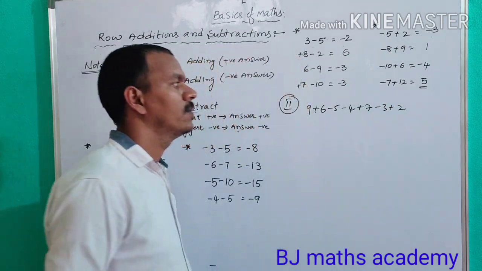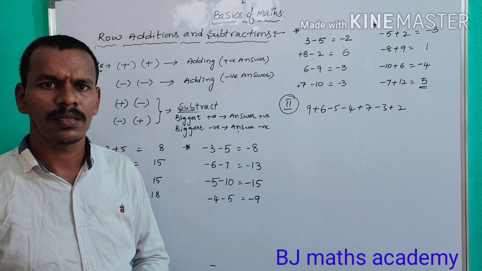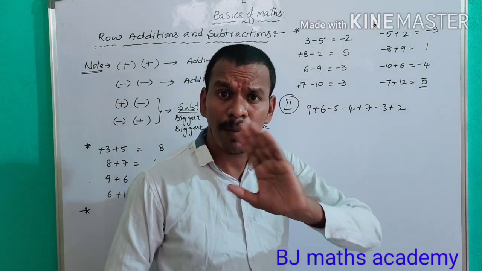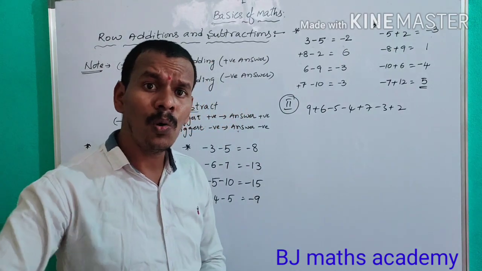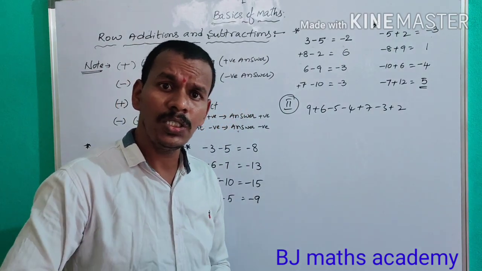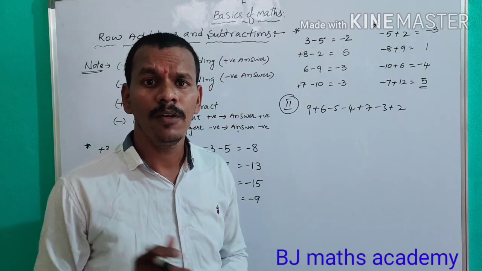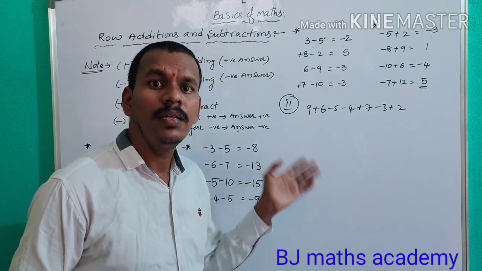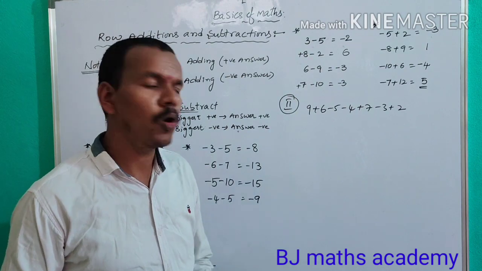This is the problem. Find the solution. What is the value of this? Here there is just plus and minus only, but if there are also multiplication, division, of and brackets, then we can use BODMAS.